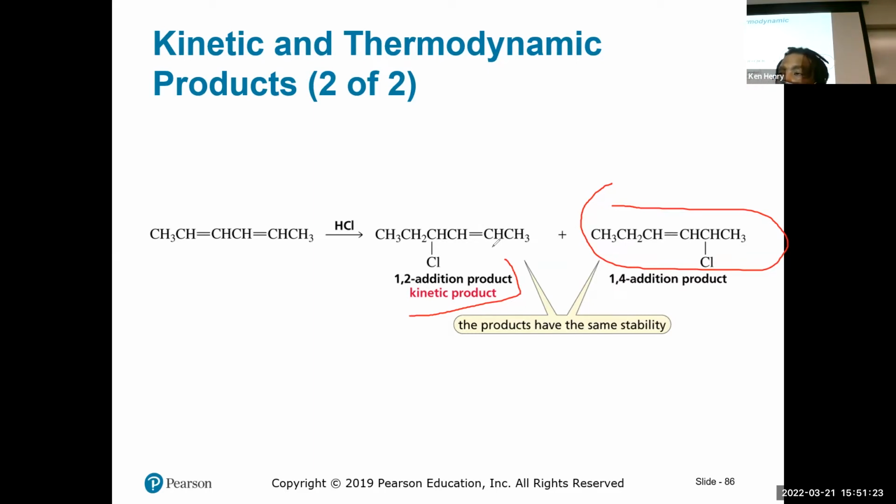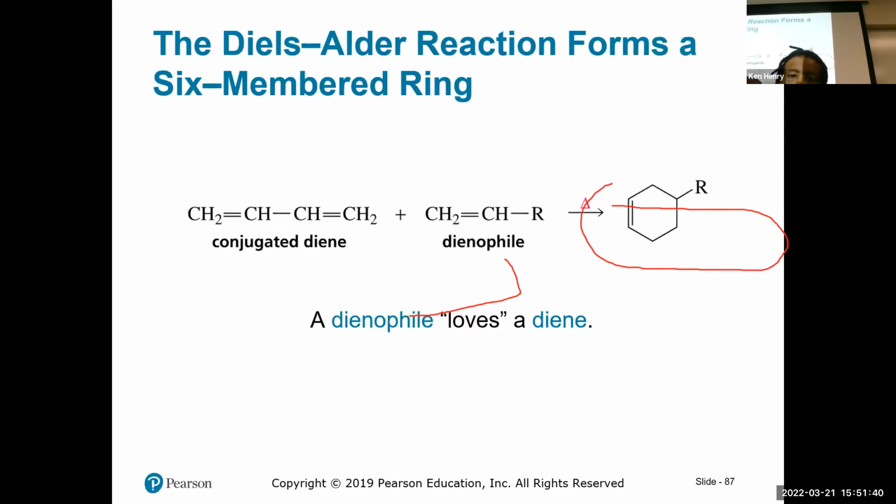They both, in terms of stability, are stable. This guy is going to be favored more by proximity because it's quicker to get to, right? So it's going to be favored that way. So yes, you're right. Okay.